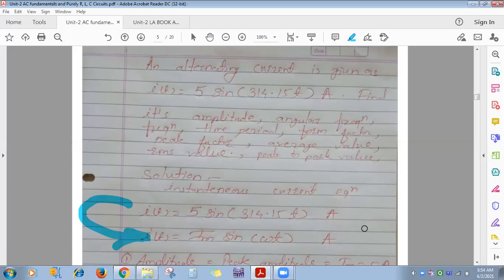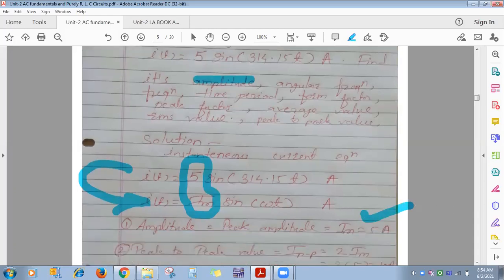Compare it with the given equation. What is the value of Im? 5 ampere. So the amplitude or peak value of the current is 5 ampere. Easy, not difficult for 1 mark.